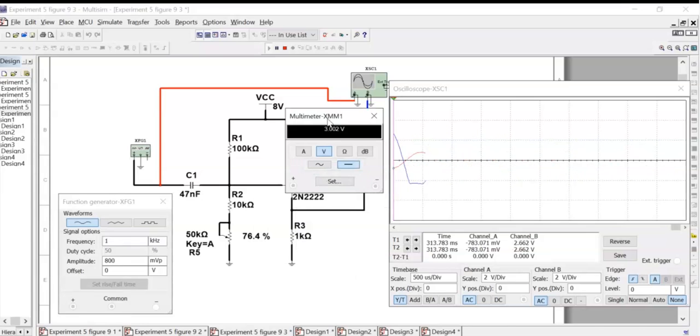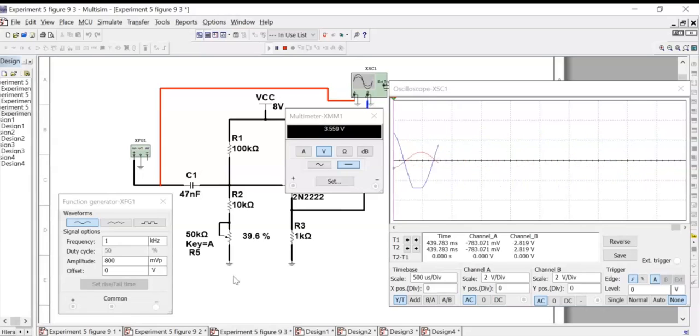So adjust the potentiometer so that the BCE is 4.2 volts. 4.2. 4.2. Oops, small na. 4.2 volts.